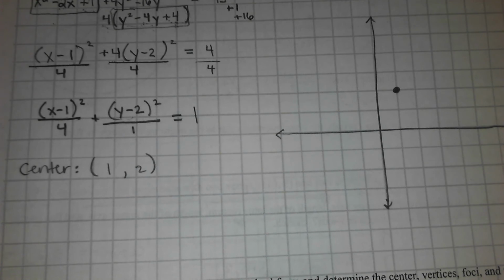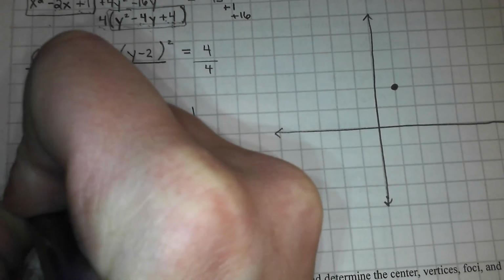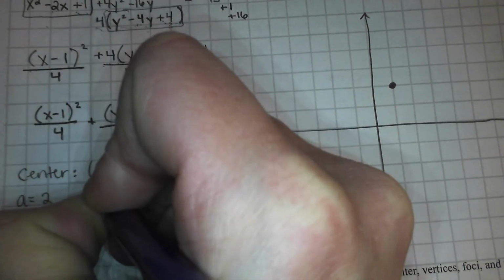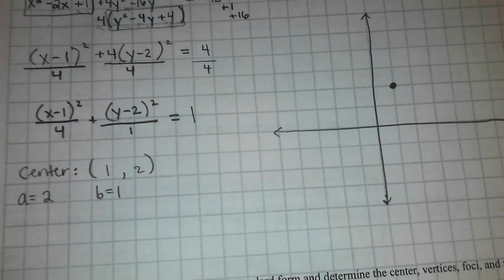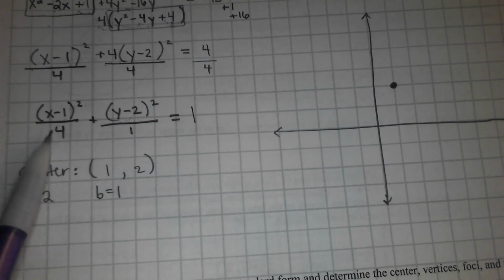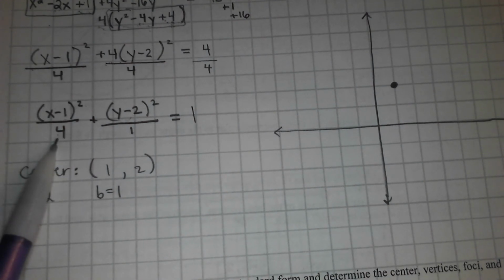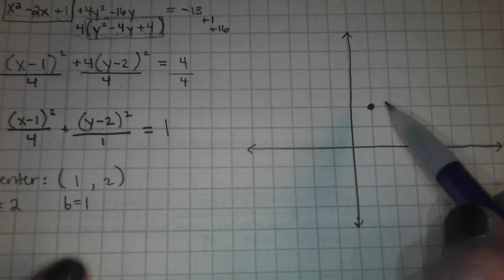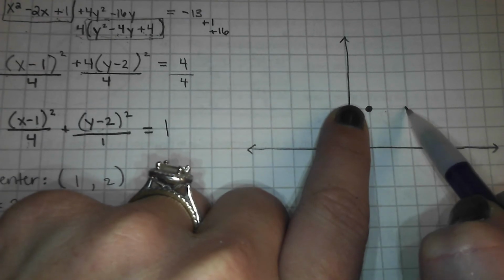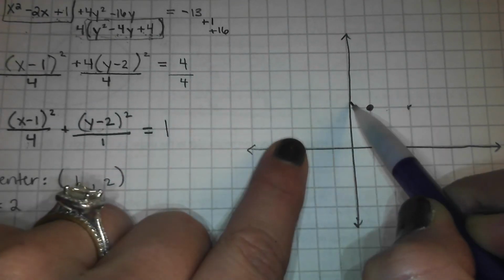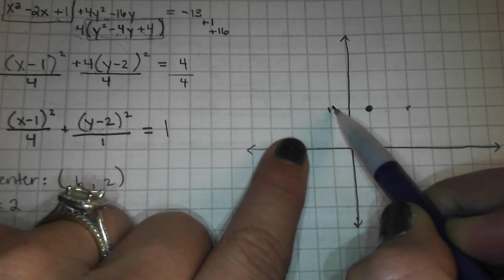And then what is our A value? 2. What is our B value? 1. Very good. So this got stretched in the x direction, how much? 2. So horizontally, I'm going to go 2 to the right for a point and 2 to the left for a point.